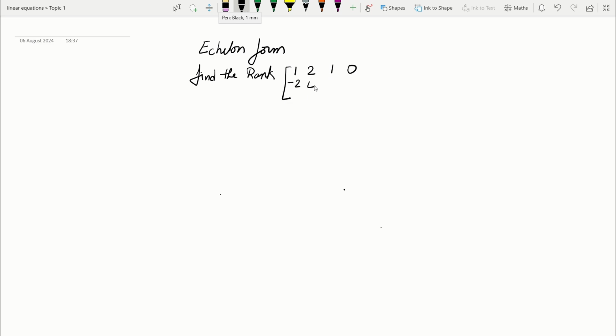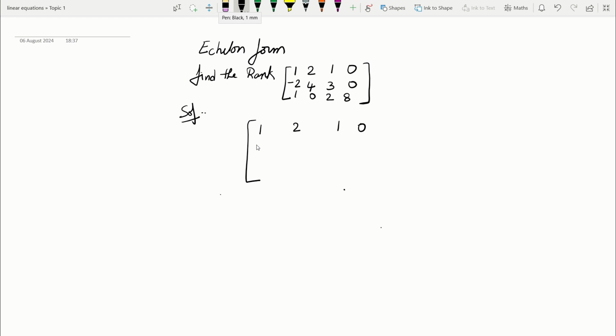I am dictating slowly. If you want, kindly note it down. Find the rank of the following matrix by reducing it to the echelon form. The matrix is 1 2 1 0, next -2 4 3 0, and 1 0 2 8. This is the given problem.